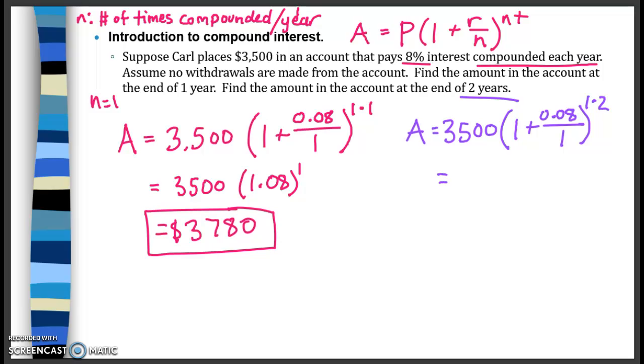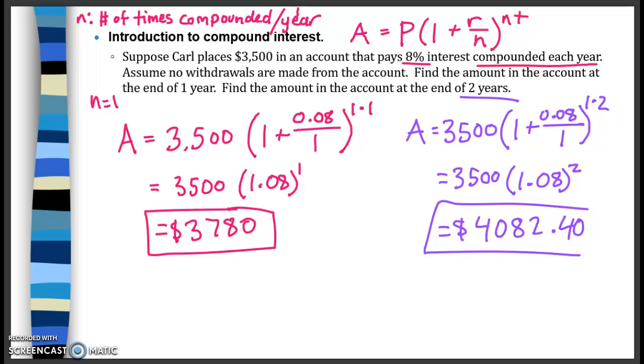So this equals 3,500 times 1.08 squared. After plugging this in, we'll get $4,082.40. So we made over $500 in this specific account. And that is compound interest.